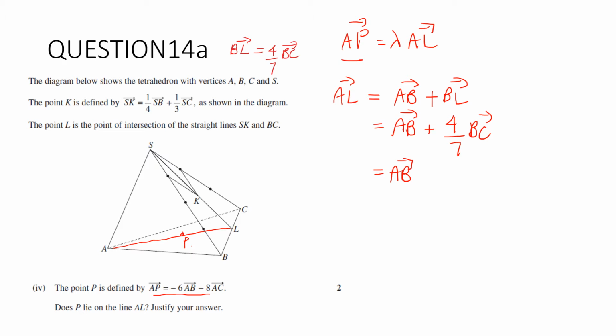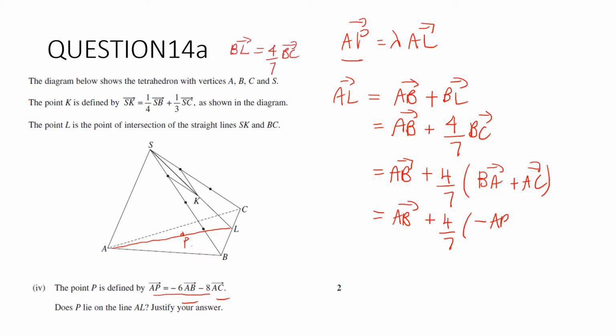So I'm trying to match these, ABs and ACs, plus 4/7, let's rewrite BC as BA plus AC, which of course is equal to AB plus 4/7 of negative AB plus AC, which is equal to 1 take 4/7 is 3/7 of AB plus 4/7 of AC.